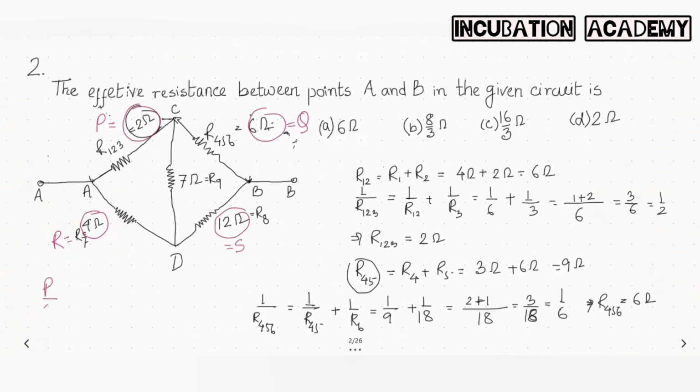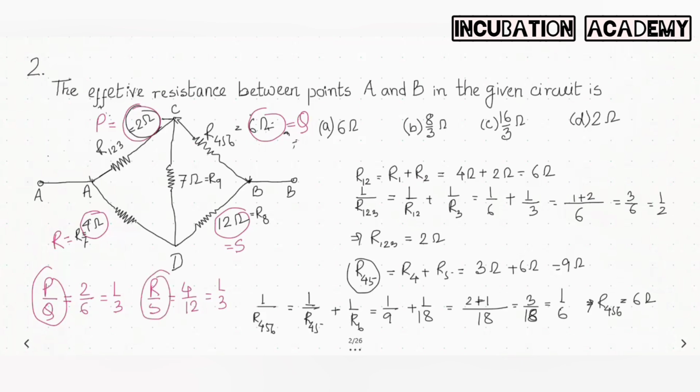The P by Q is simply 2 divided by 6, that is 1 by 3. If I calculate R by S here, that will be 4 divided by 12, that is 1 by 3 here. So P by Q and R by S, these two are equal.